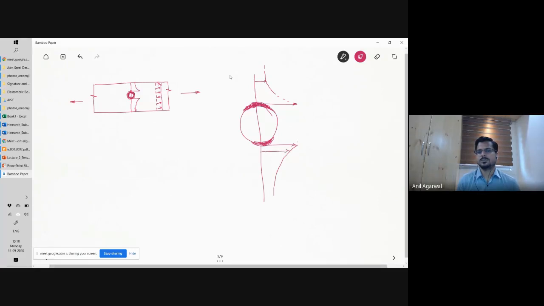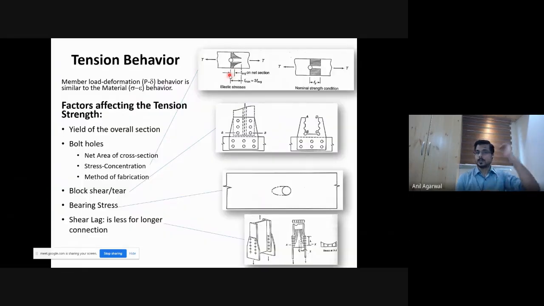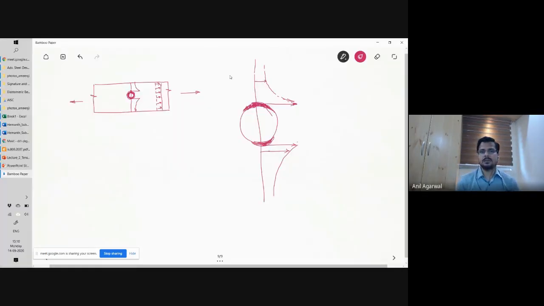And this will be in tension. Is that clear? So because of that, even when we are targeting, let's say, a value of Fy here, the value here will be almost how much? 3 times Fy.